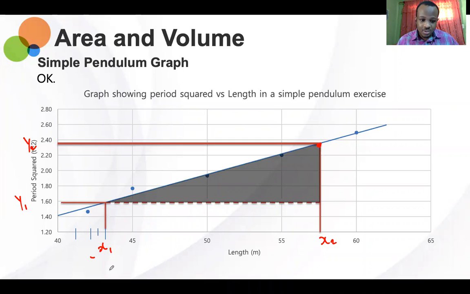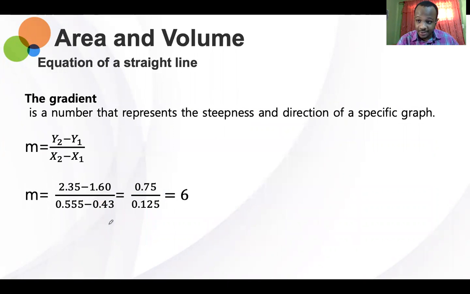All right. So we want to find the values for x1 and x2 to plug into this formula here. This is our formula. Whenever you do the gradient, this is a very easy formula to remember. M equals y2 minus y1.